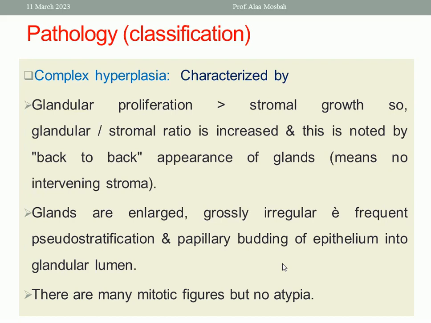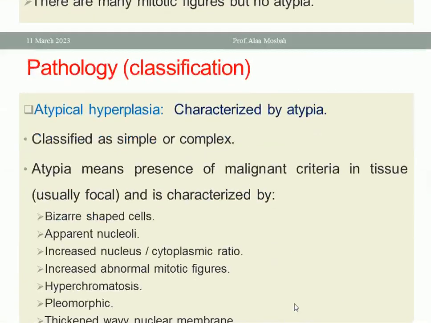Glands are enlarged, grossly irregular, with papillary budding of the epithelium into the glandular lumen and pseudostratification. Here there are many mitotic figures, but no atypia.